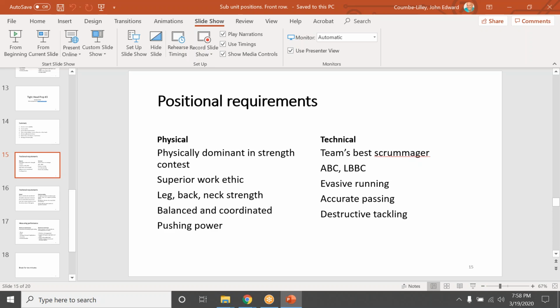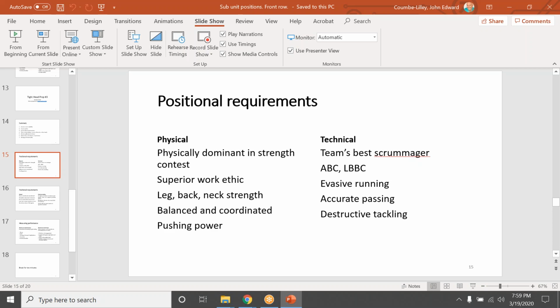The length of your back used to be an issue. It's not much of an issue today because of the scrum engagement and the laws that have changed around that. So props are changing in strength and size because the rules of engagement at the front row have changed quite a bit. So the most important thing is to be strong and be able to maintain a driving position.